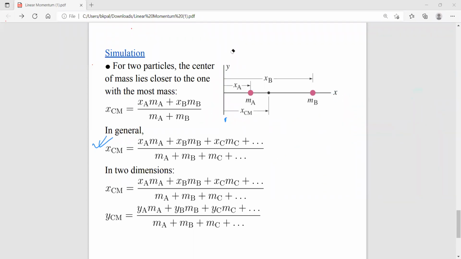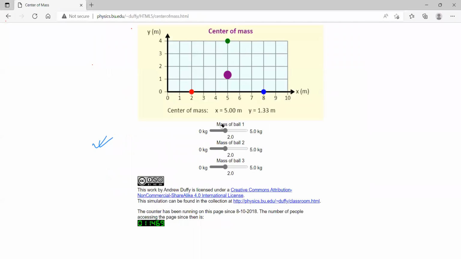Now, what happens if we have something like the simulation? In the simulation you see that we have three objects, and they are not all in one line. If we have a situation like this, then we have to determine the x coordinate of the center of mass and the y coordinate of the center of mass separately.